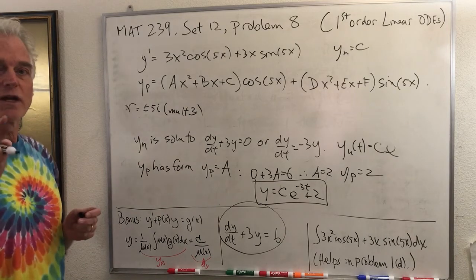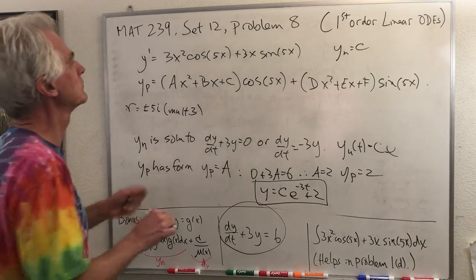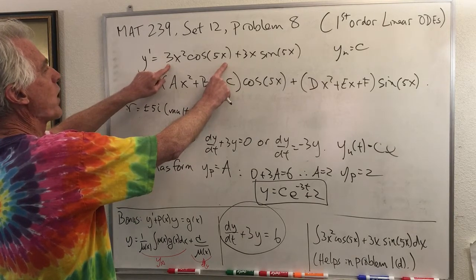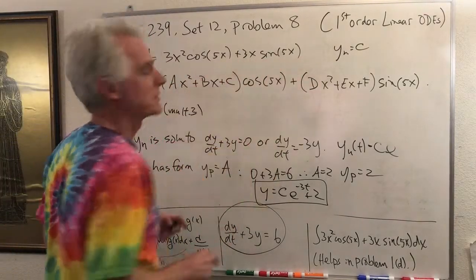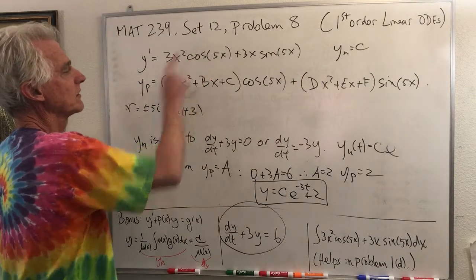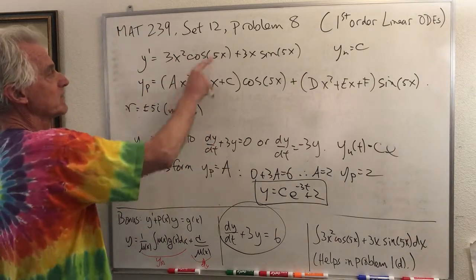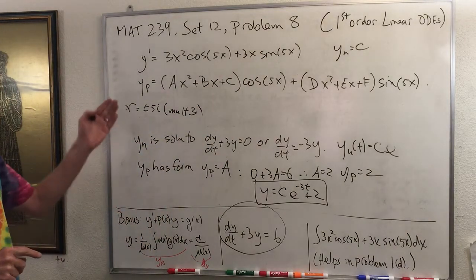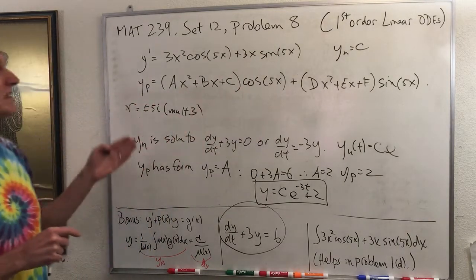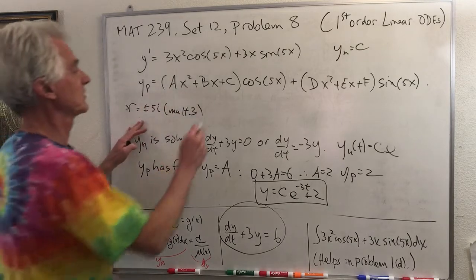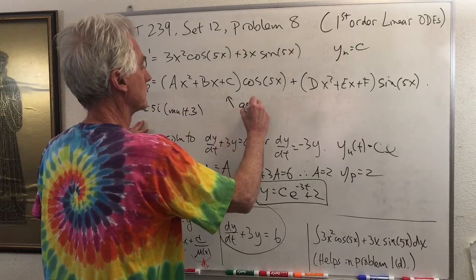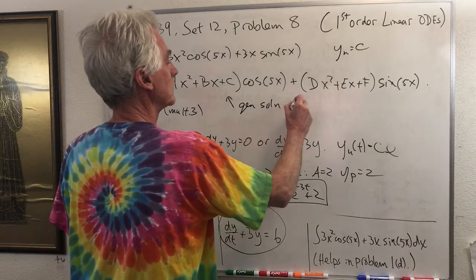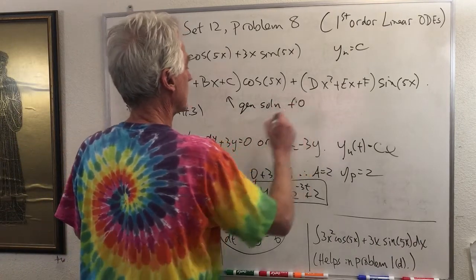And one of the things I want to point out is I don't have to separately find the yp for that and add it to the yp for that, because if I can take care of that term, then I automatically take care of that term, right? In fact, what we see here is the general solution with a, b, c instead of c1, c2, and so on.